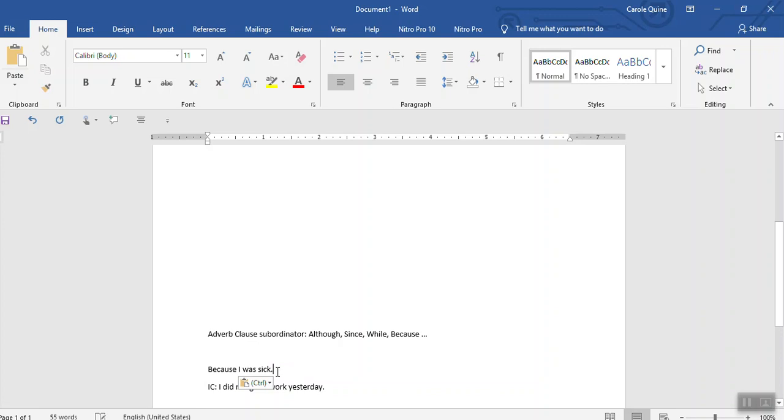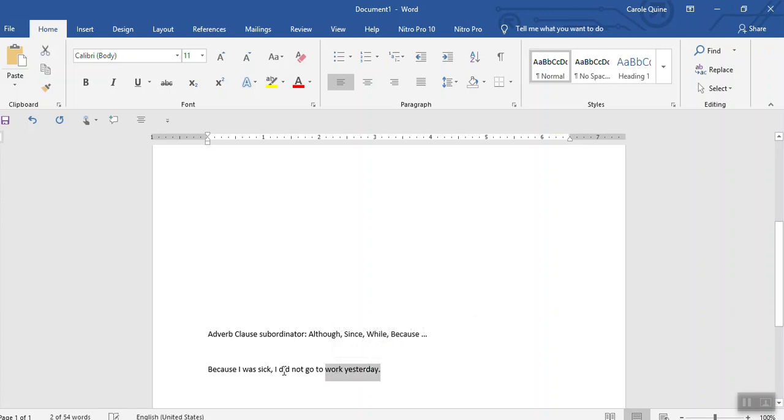So what would help to defragmentize this construction here, this because I was sick? Well, if I hooked it on to this other clause, this independent clause, I did not go to work yesterday. So now I have a complete thought. Because I was sick, what happened? I did not go to work yesterday.